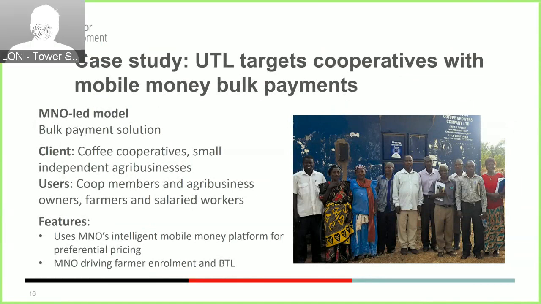This has been particularly important considering that a large proportion of farmers did not own a mobile phone, and most of them were not already mobile money users.